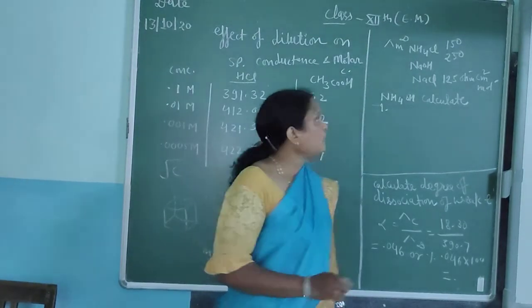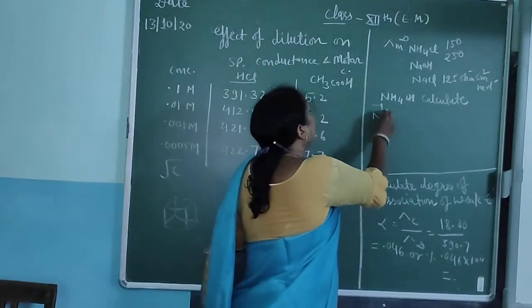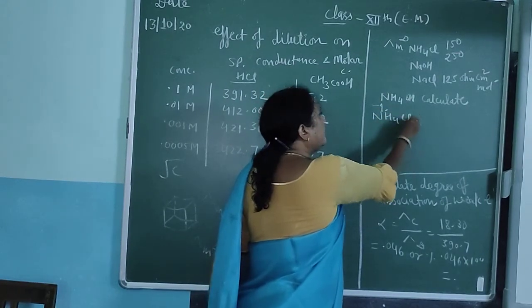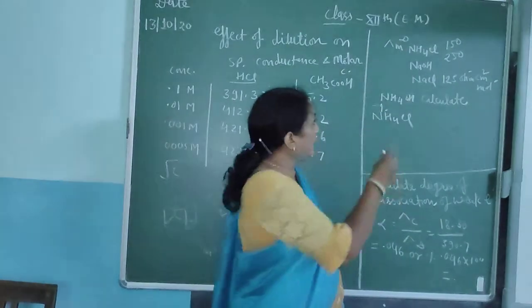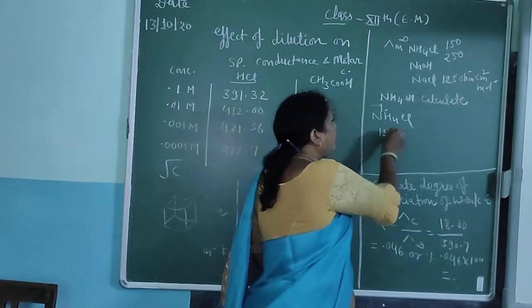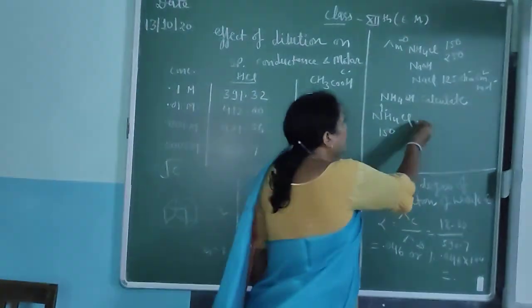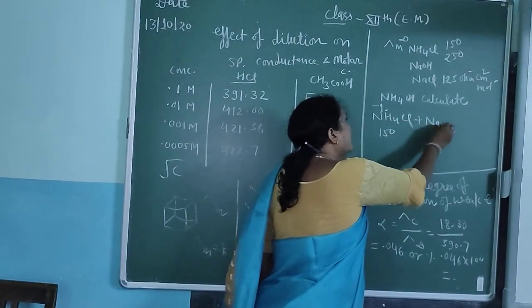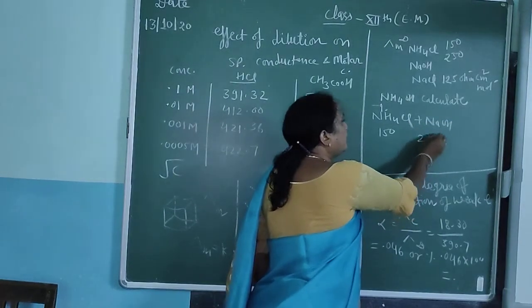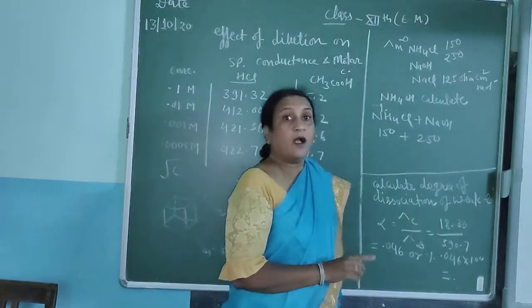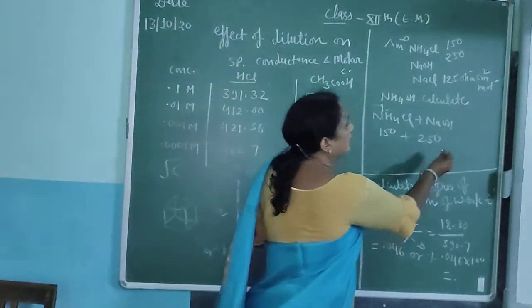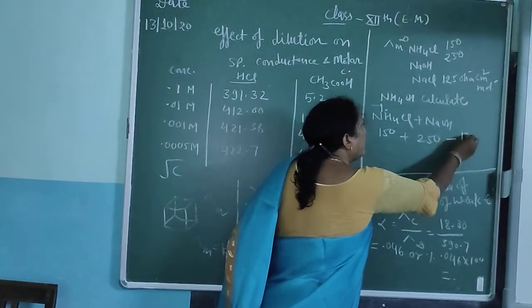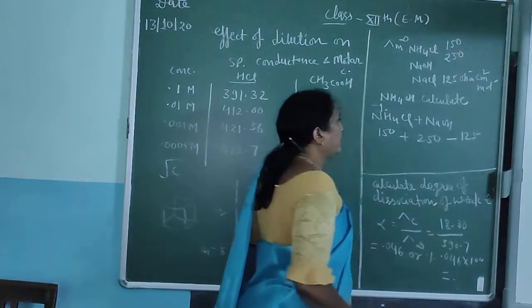So our equation will be like that. The conduction of NH4Cl, that is 150, plus the conduction of NaOH, that will be 250, and minus the conduction of NaCl, because they have no common ion, that will be 125.